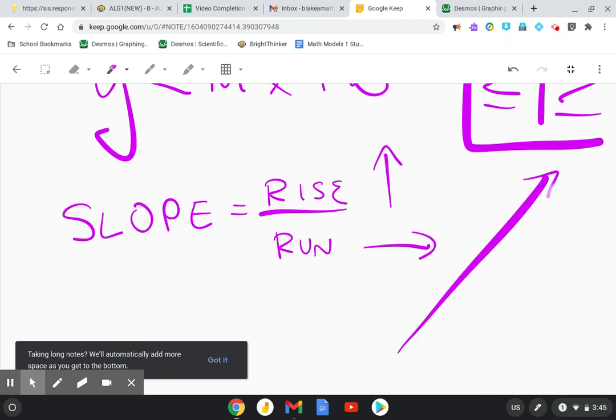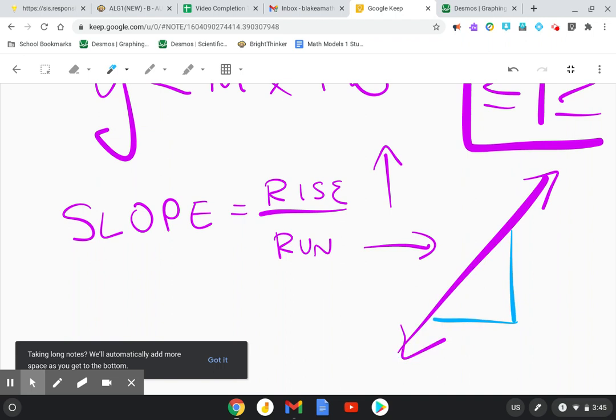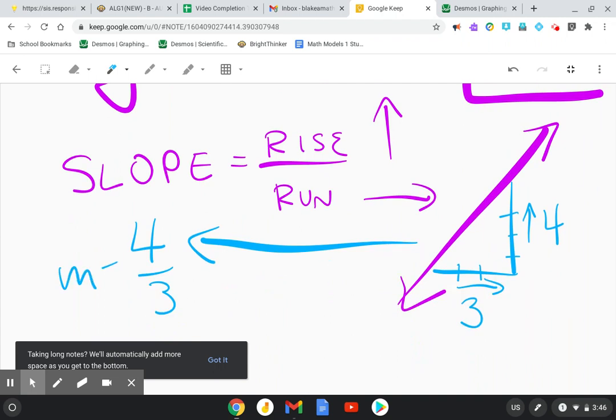So if the graph's like this, then the slope is telling me what's the difference between how much it goes up and how much it goes over in a numerical form. So if this goes over 3 and up 4, then my slope here would be up 4 over 3 or 4 over 3. That would be the slope of this line, and it's represented with the letter m.